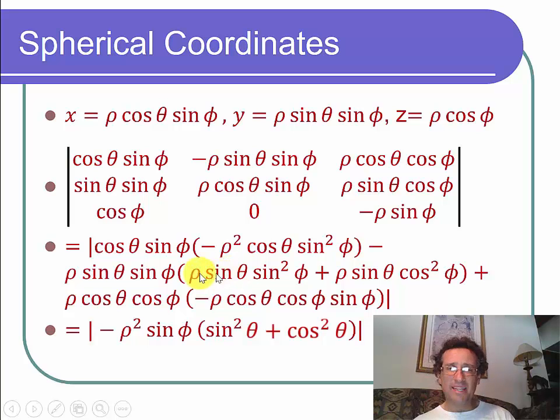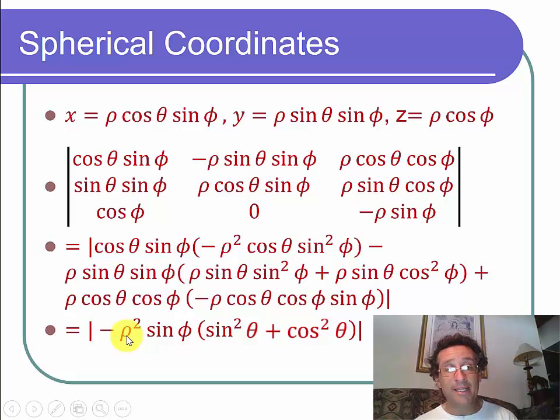Second, we can look at this and realize there's a rho squared here, there's a rho times a rho here, and there's a rho times a rho here. So there's a rho squared in each of these 3 terms. So I can pull out the rho squared. I have a negative here, a minus here, and then I have a negative here, so I can pull out the negative and then make everything positive. I have a sine phi here, I have a sine phi here, and I have a sine phi here, so I can pull out a sine phi. And let's see what's left.